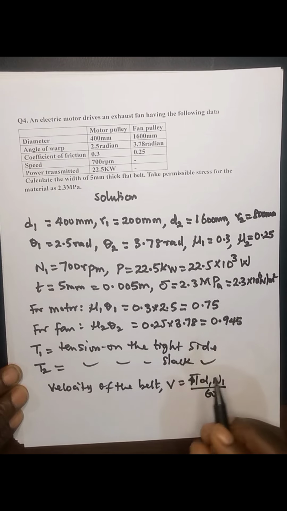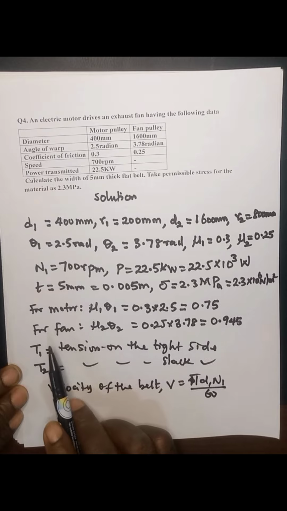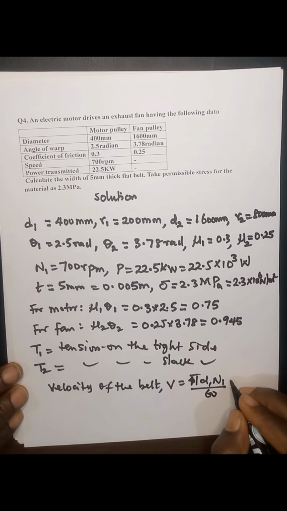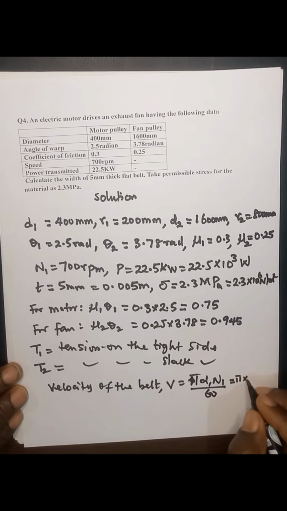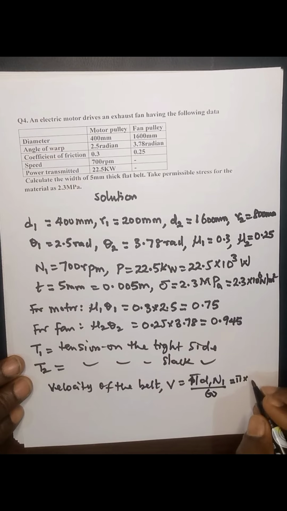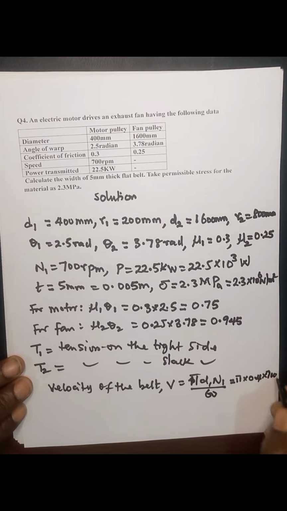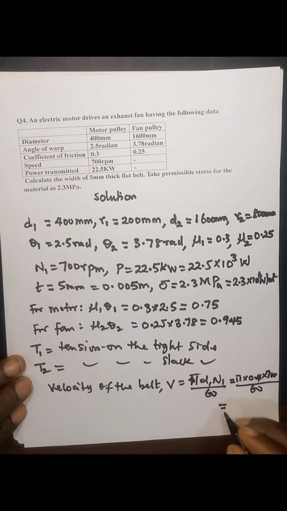Since we are going to use the motor for our design, we are going to use d1 and n1, which is equal to pi times our d1, which is 400, which is 0.4 in meter, times our n1 which is 700, divided by 60, and this gives 14.7 meter per second.